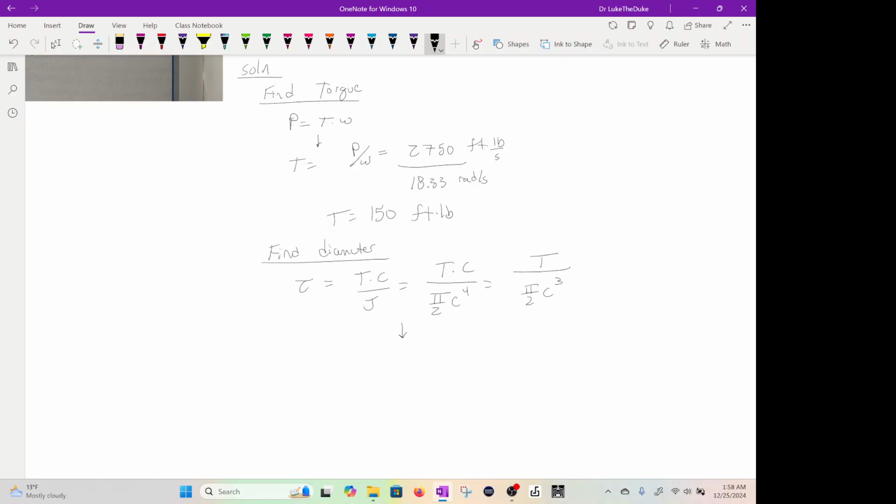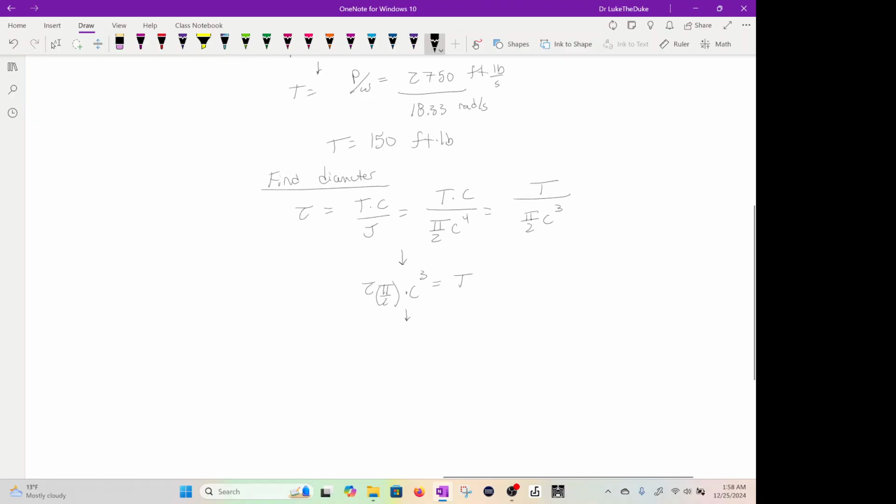All right, so let's do the math here. It would be tau times pi over 2 times c to the 3rd equals the torque. And let's say c to the 3rd, we got torque over tau times pi over 2.